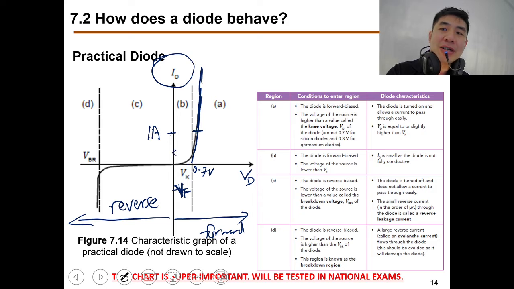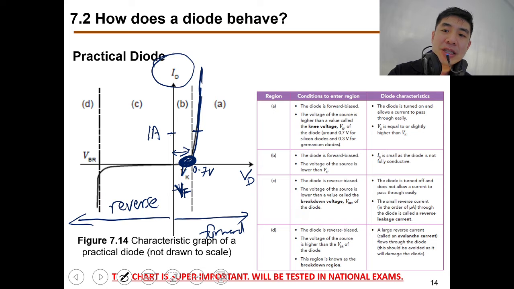Anything less than here, this part here, is also in forward bias, but not working fully yet. So you can see the current is almost close to 0, as good as not mentionable. Even here there is a small current. I'm circling this point here.